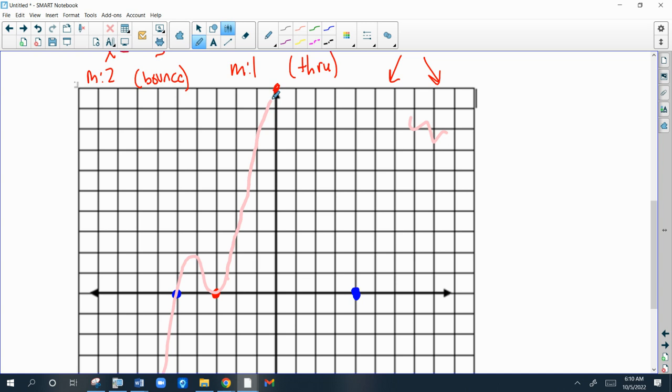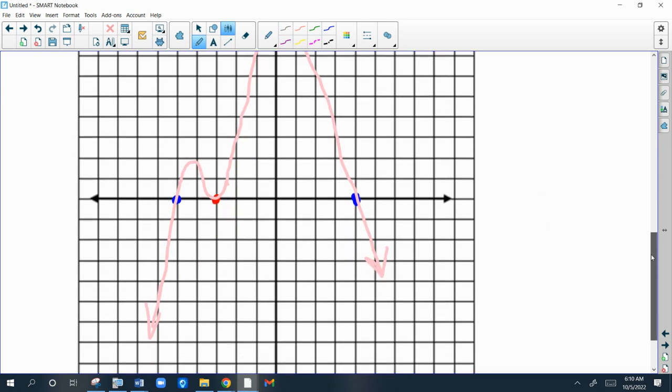And it has to come back down to go through this 0. It goes through it because it has an odd multiplicity, and it will end up down. So it did start down and end down. That is my graph. And that's it. It's pretty easy.